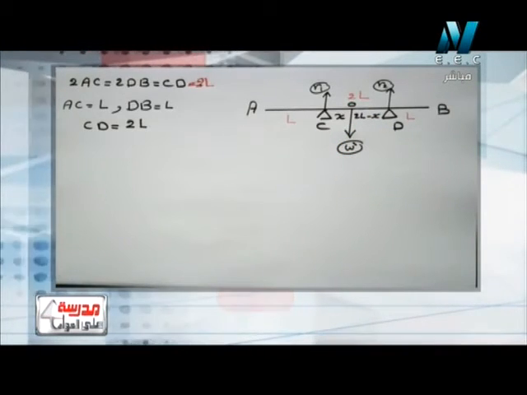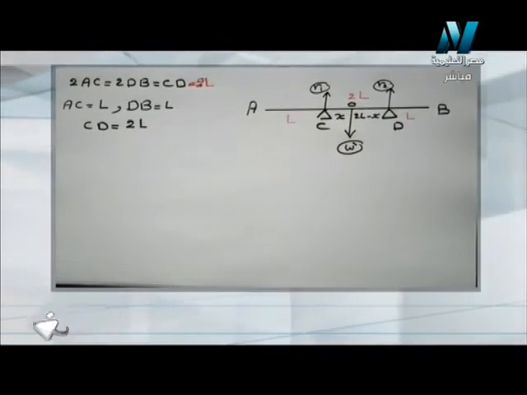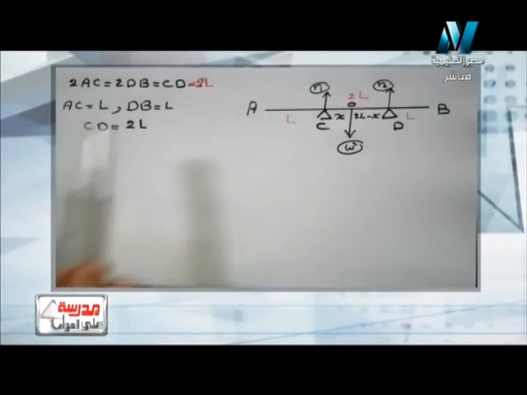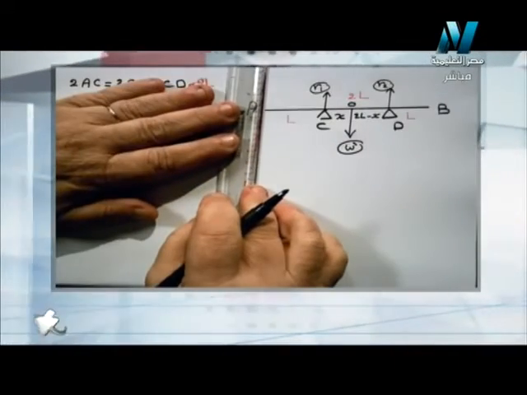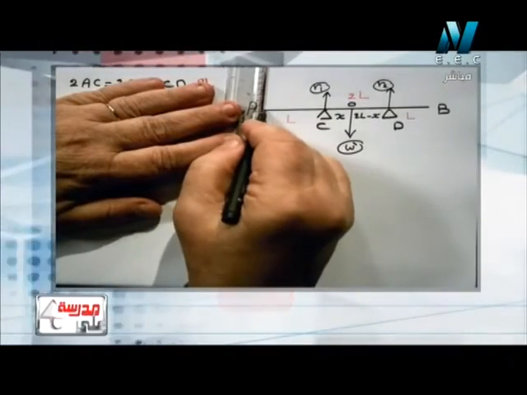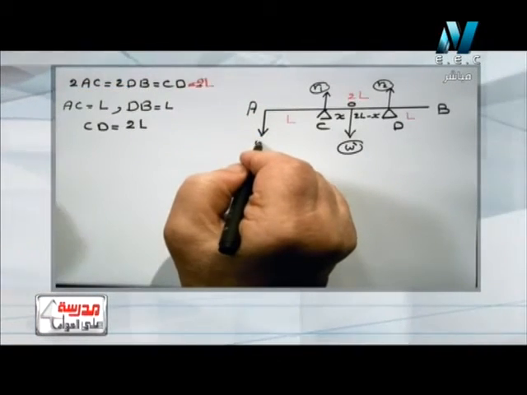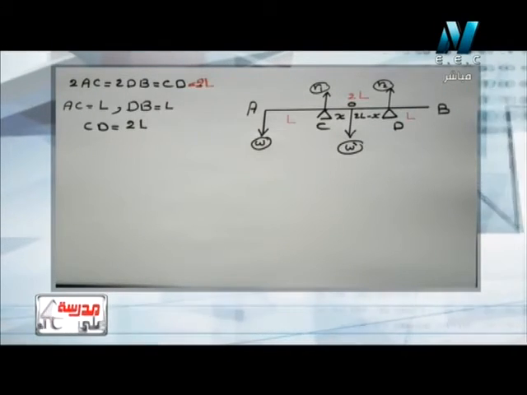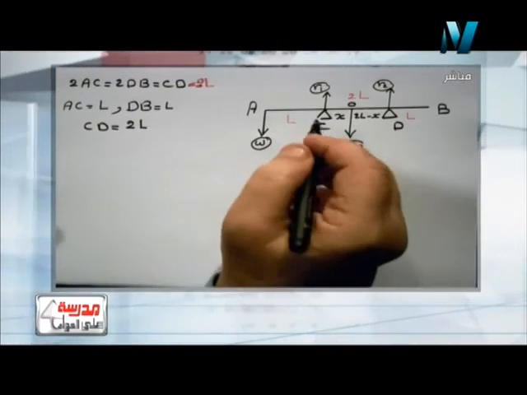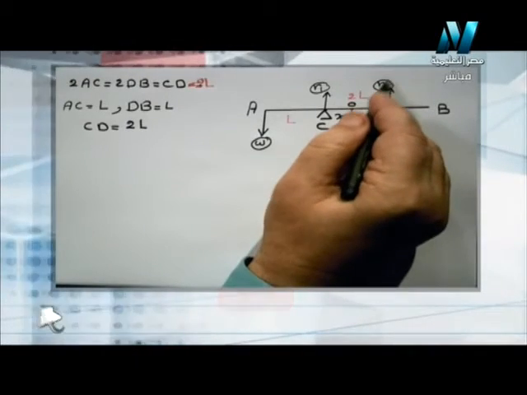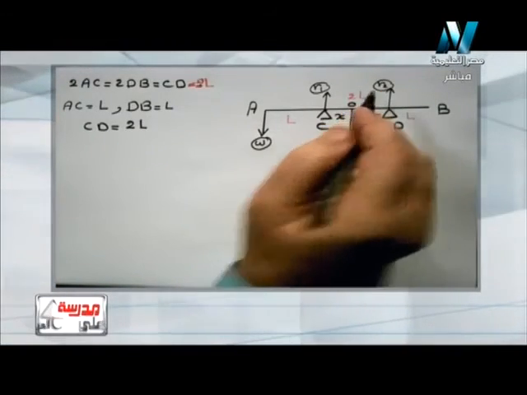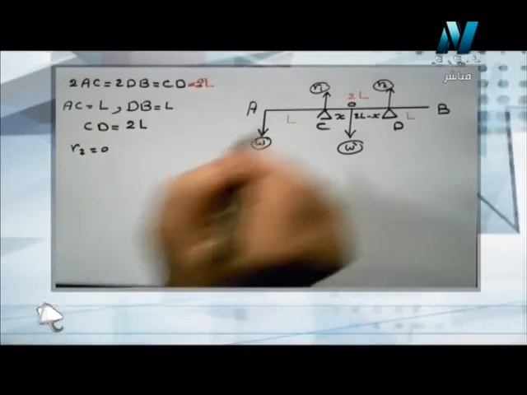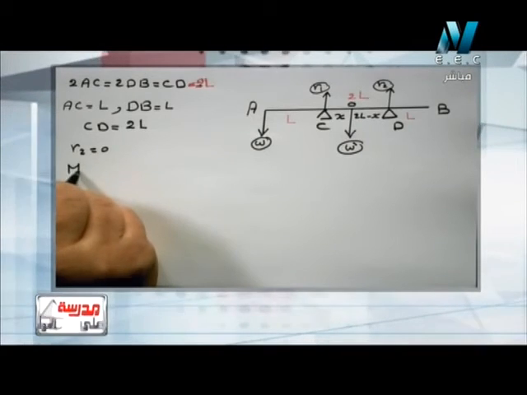Let's work now. He said if a weight W is suspended from A, so directly from A we have first weight W, then the rod is about to rotate, so directly around C, R2 equals 0. So the moment at C equals 0.